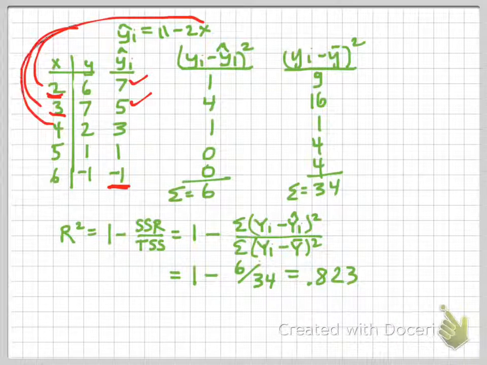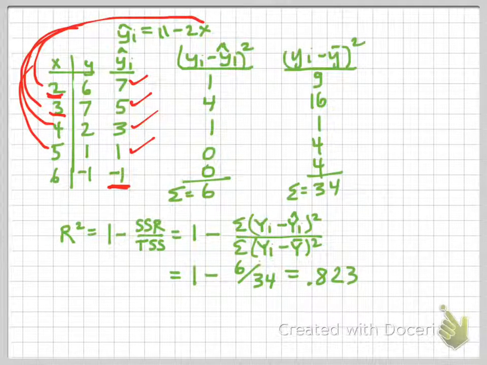If x is equal to 4, we get 11 minus 8, so y is equal to 3, the predicted value of y. If x is equal to 5, we have 11 minus 2 times 5, so it's 11 minus 10, we have y, it's 1.